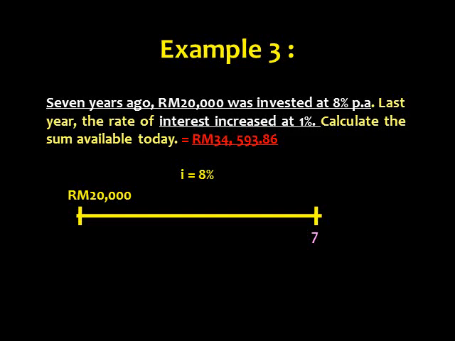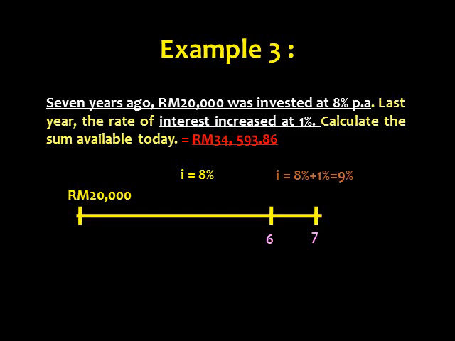However, last year, which is year 6, the rate of interest increased by 1%. So that means 1 plus 8%, equal to 9%. So now, in year 6, the interest rate increased to 9%.